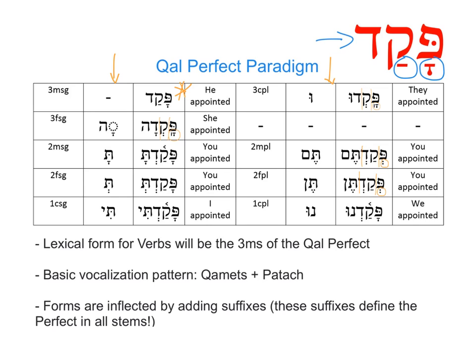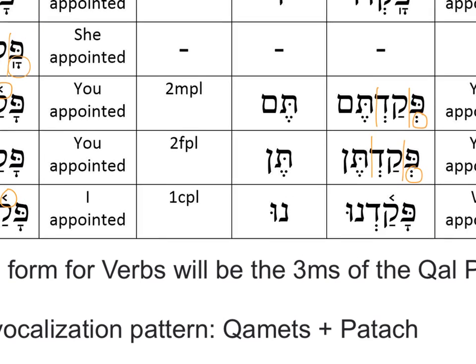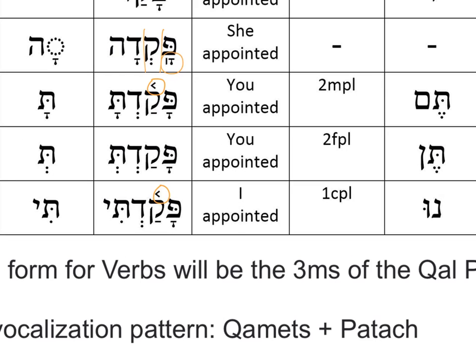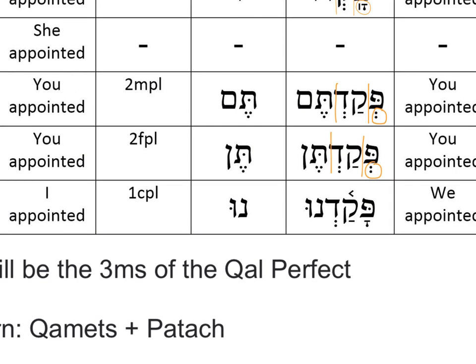Now, one final thing we could recognize that's going on before we run through this entire paradigm is there's a few forms that we have the benefit of an accent. If you remember, the default or typical thing that will happen in Hebrew is we will have our accent fall on the final syllable of a word.